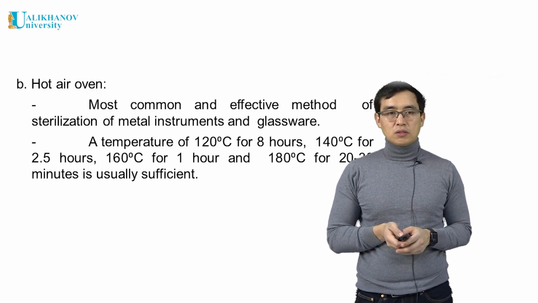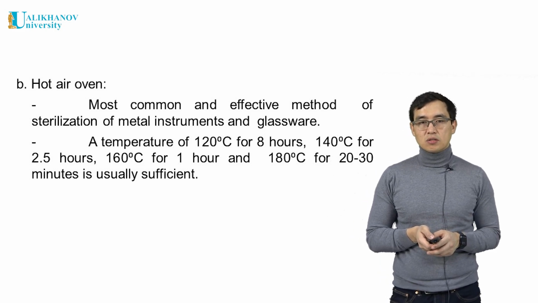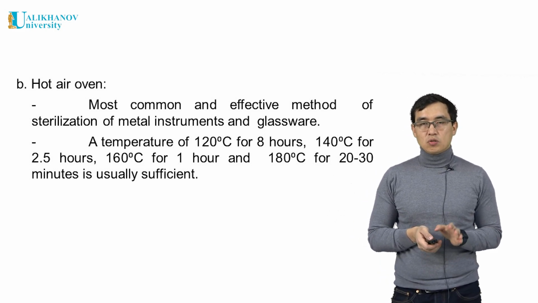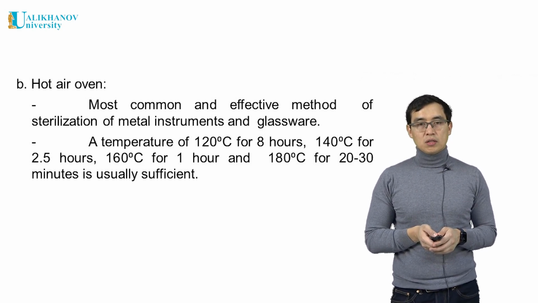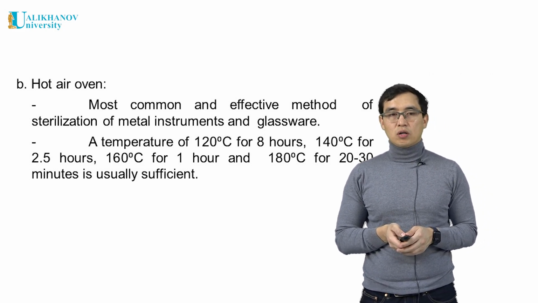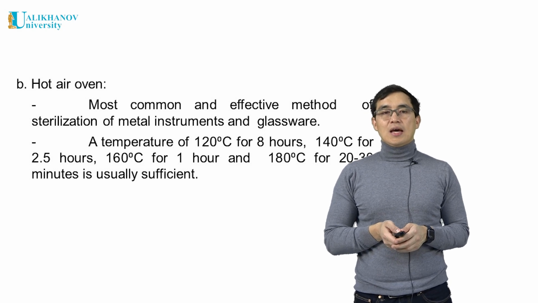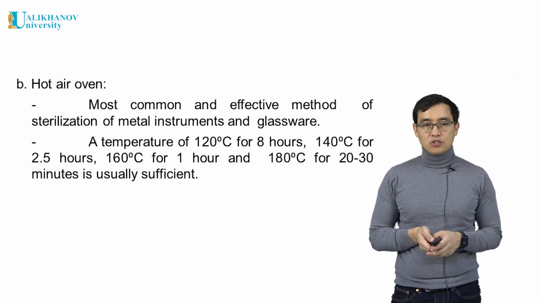The hot air oven is the most common and effective method of sterilization of metal instruments and glassware. Temperatures of approximately 120 degrees for 8 hours, 140 for 2.5 hours, 160 for 1 hour, and 180 for 20 to 30 minutes are usually sufficient.